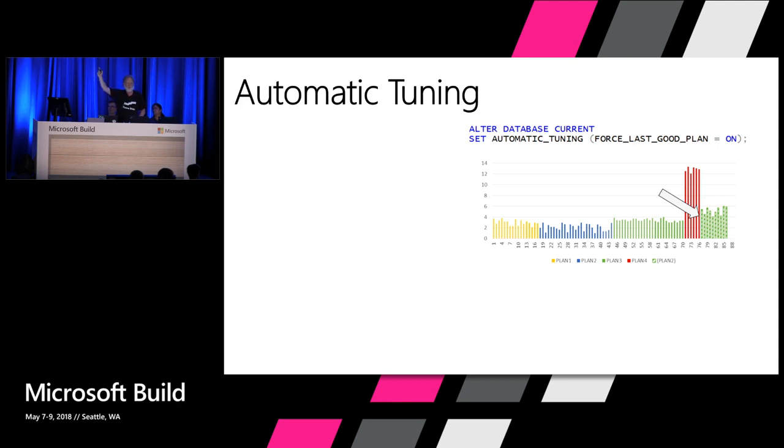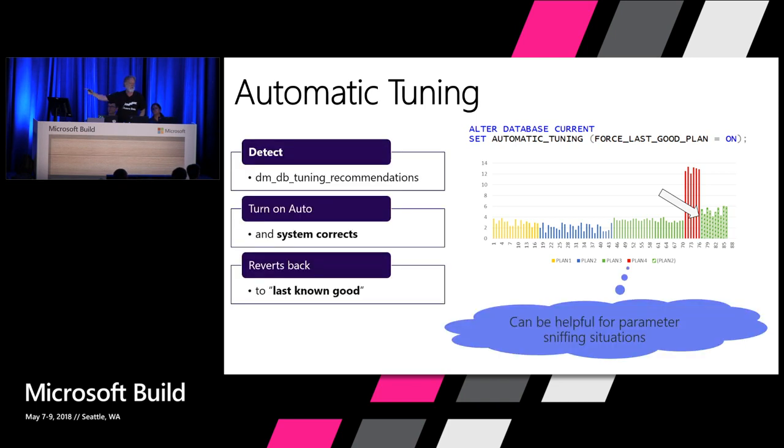The red bars indicate that your execution time shot way up. FORCE_LAST_GOOD_PLAN = ON is the syntax for forcing it. It can be helpful for parameter sniffing situations. You have sys.dm_db_tuning_recommendations, which puts out a JSON bundle that tells you what went wrong. With automatic tuning, the system just corrects.